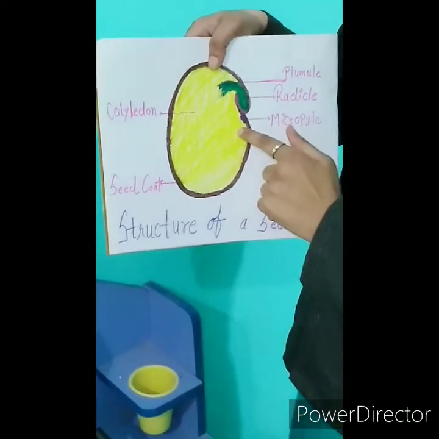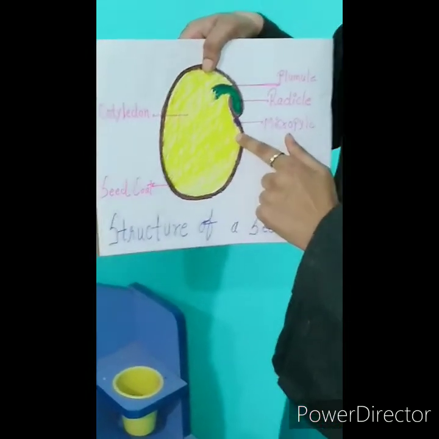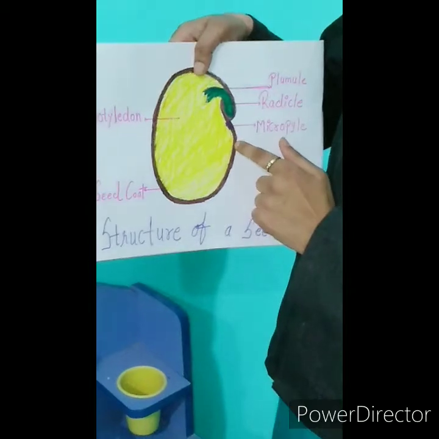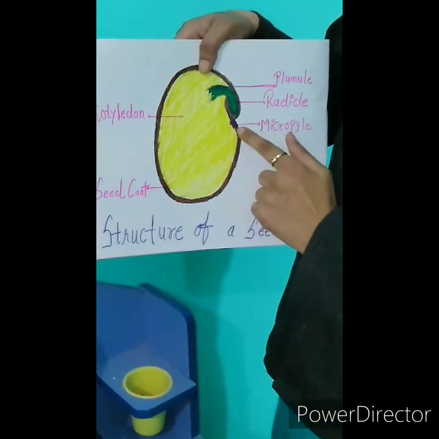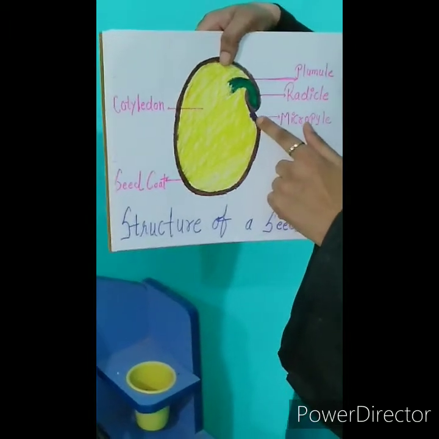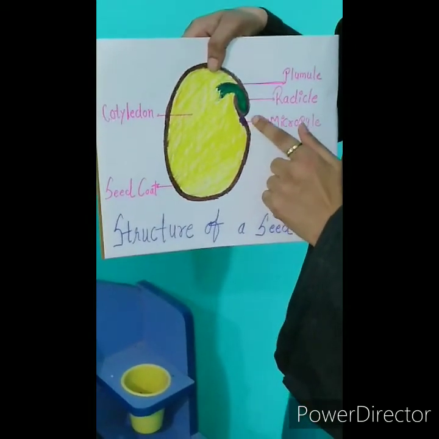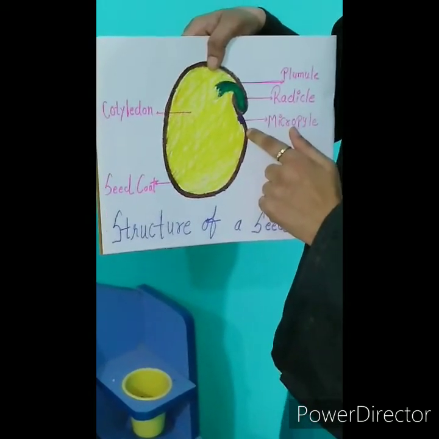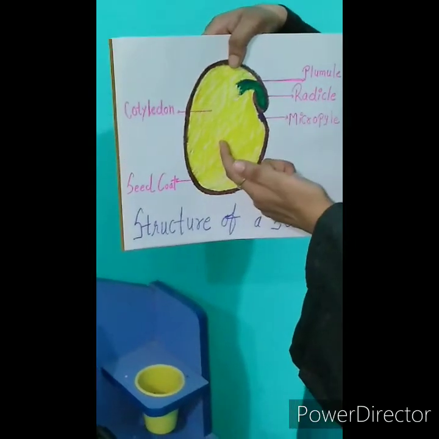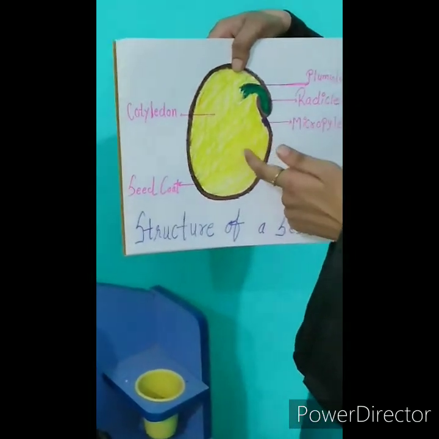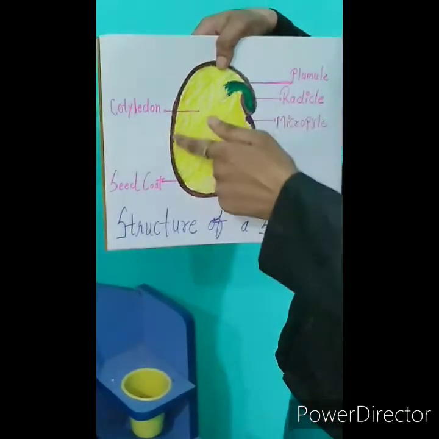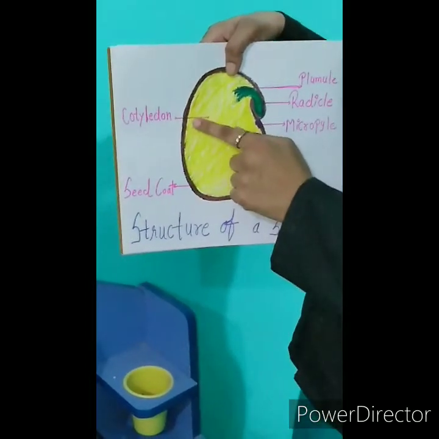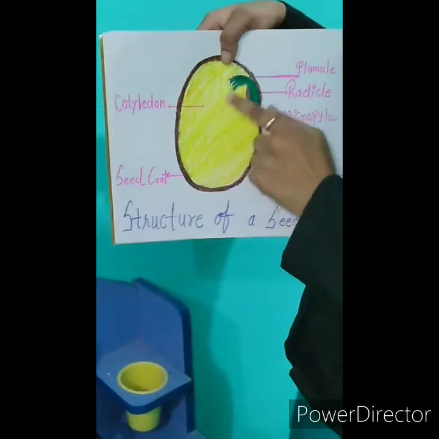Under this you can see a small dot-like structure. This is known as the micropyle. It is a small hole-like structure in the seed. Through this micropyle the water can enter the seed. Then the remaining part of this is known as the cotyledon.